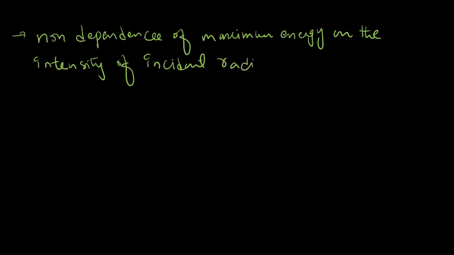So this was the first drawback: why maximum kinetic energy does not depend on the intensity of incident radiation. The wave theory failed to explain this fact. But how did Einstein's photoelectric effect theory explain it?